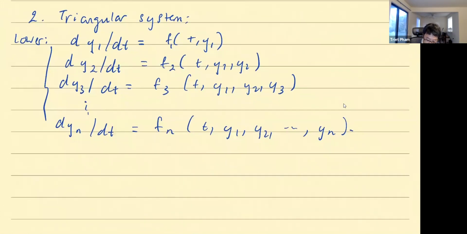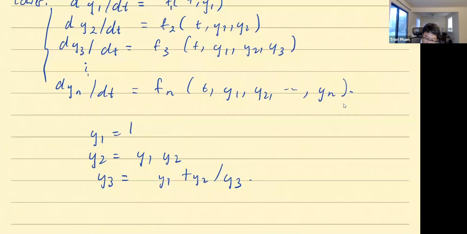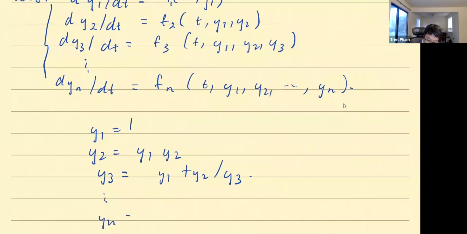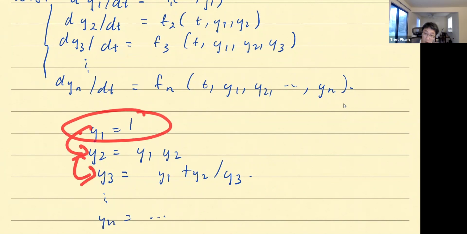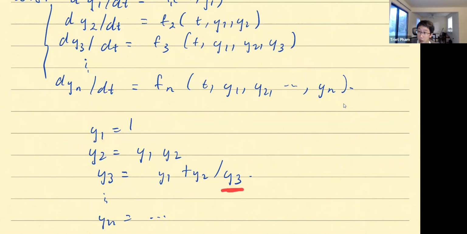Something like this comes to mind: let's say y1 equals 1, y2 equals y1 times y2, y3 is equal to y1 plus y2 divided by y3, that kind of thing. You know what y1 is, you solve for y2, and then from there you go all the way down. Of course, I'm not writing ODEs, I'm writing equations, but the ODEs operate on exactly the same principle.